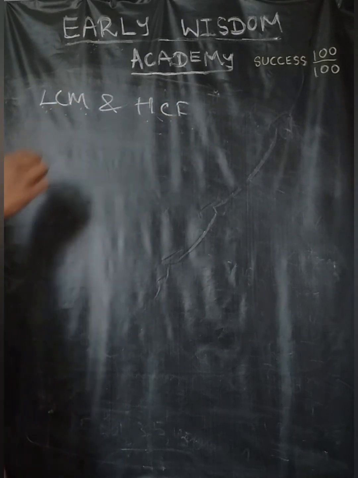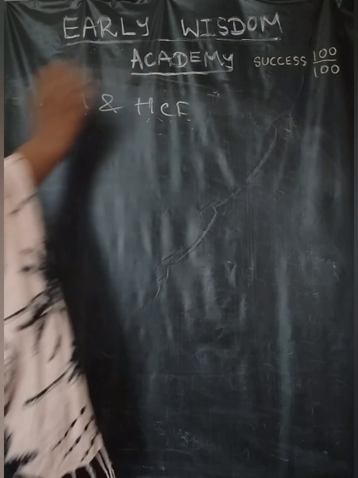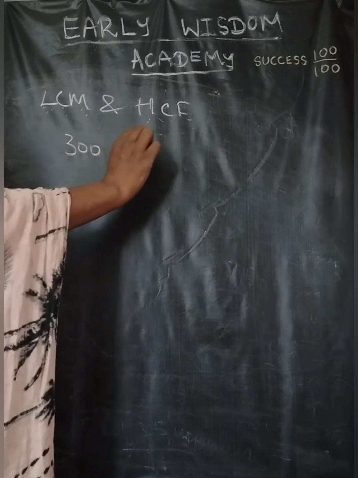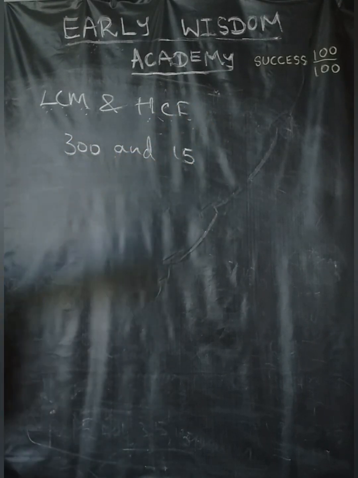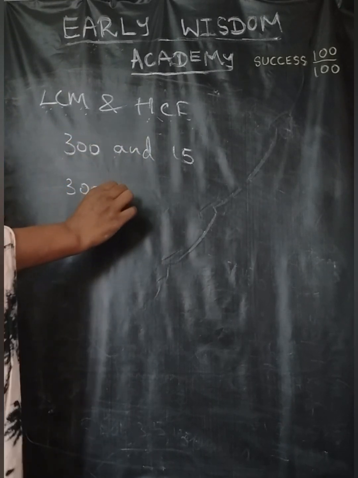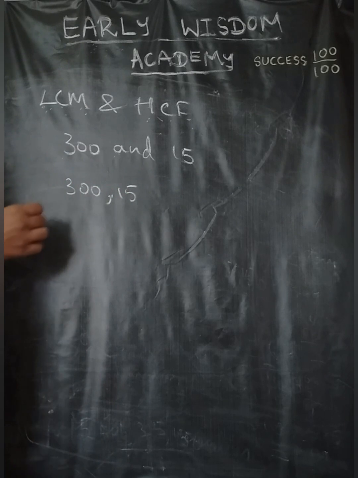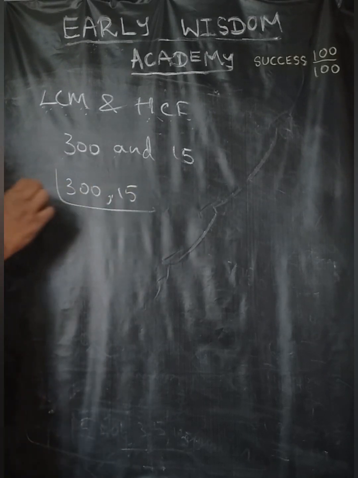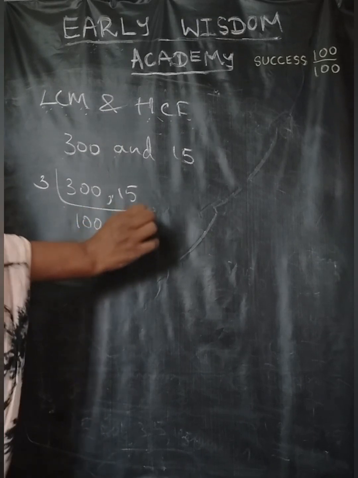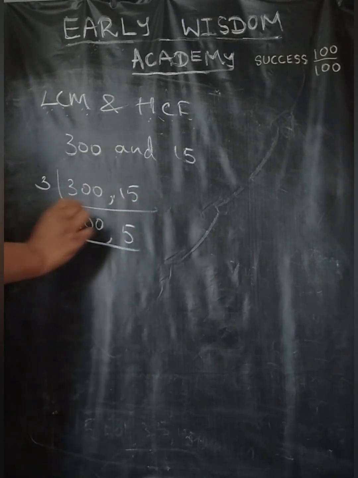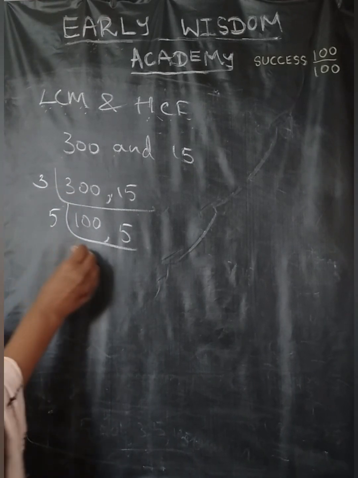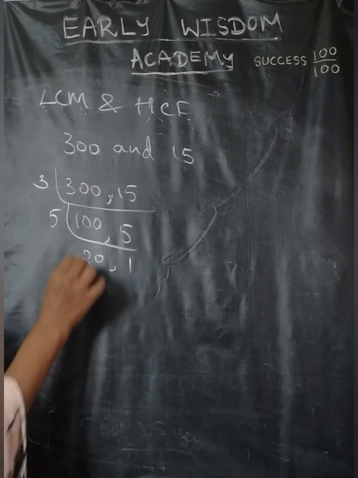Next is LCM and HCF, least common multiple and highest common factor. Let us consider the example 300 and 15. To find the LCM of these two numbers, I am going to write it in this format, 300, 15. This is easily divisible by 3: 3 100s are 300, 3 5s are 15. Next, these numbers are easily divisible by 5: 5 20s are 100, 5 1s are 5.